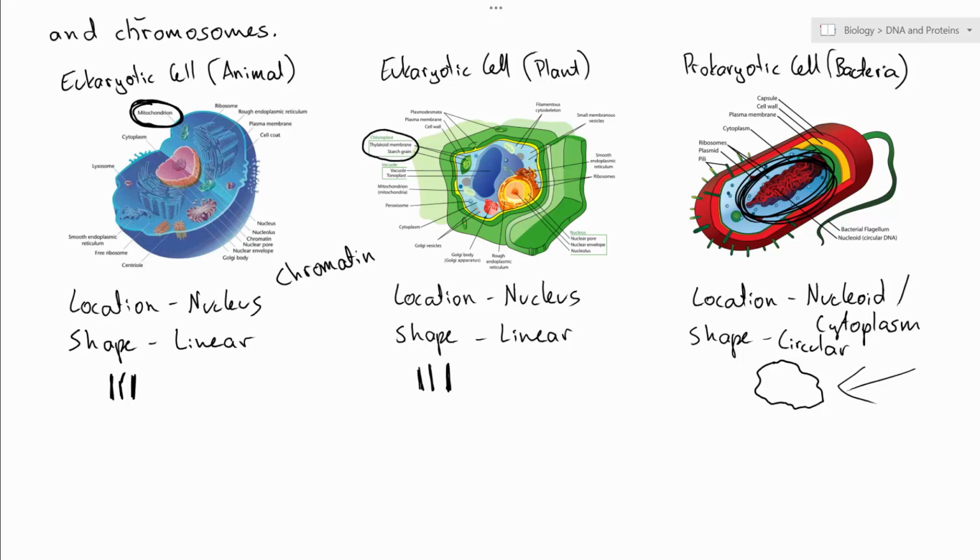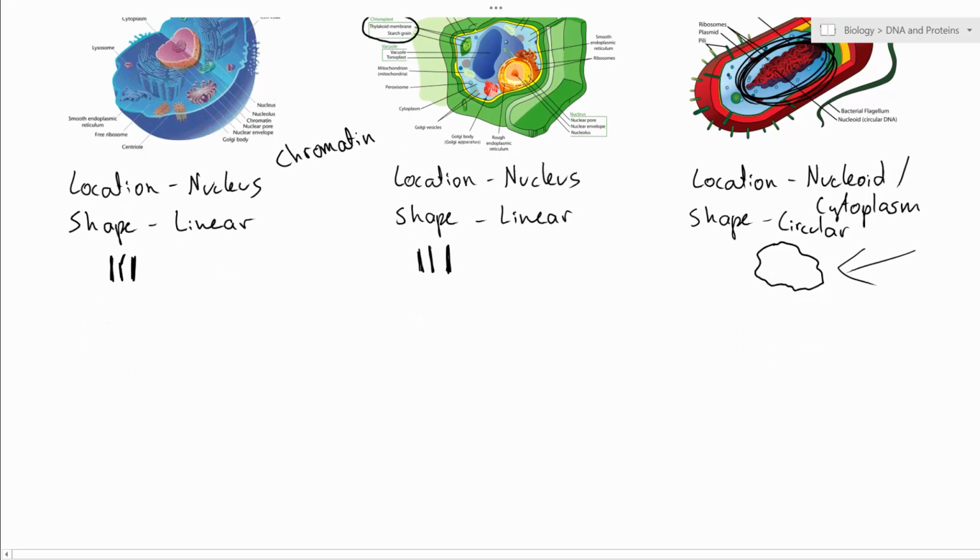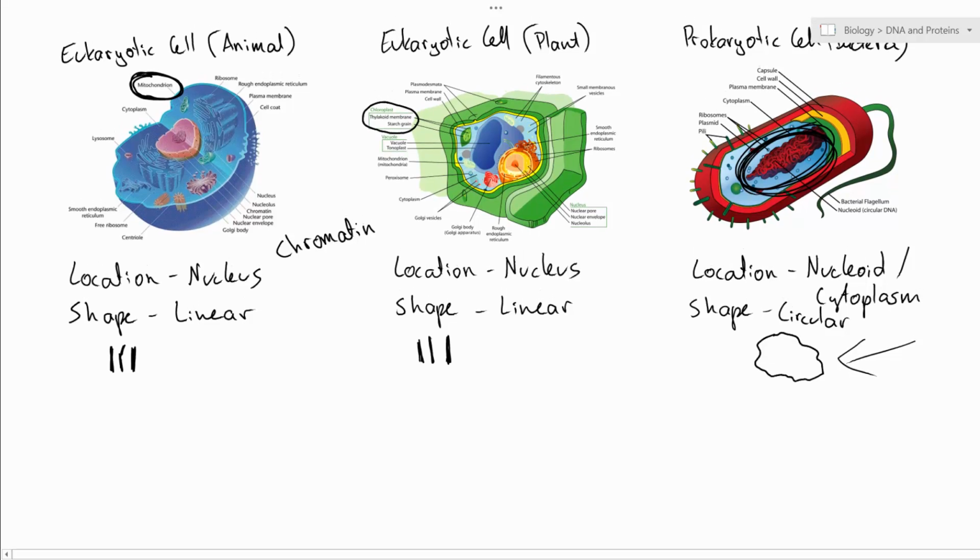Another distinction to make is the fact that we can have differing numbers of chromosomes in differing species. So, for example, animal cells would be found in humans, dogs, and birds, but it's very likely that these species are going to have differing chromosome numbers, so differing amounts of chromosomes in their bodies.